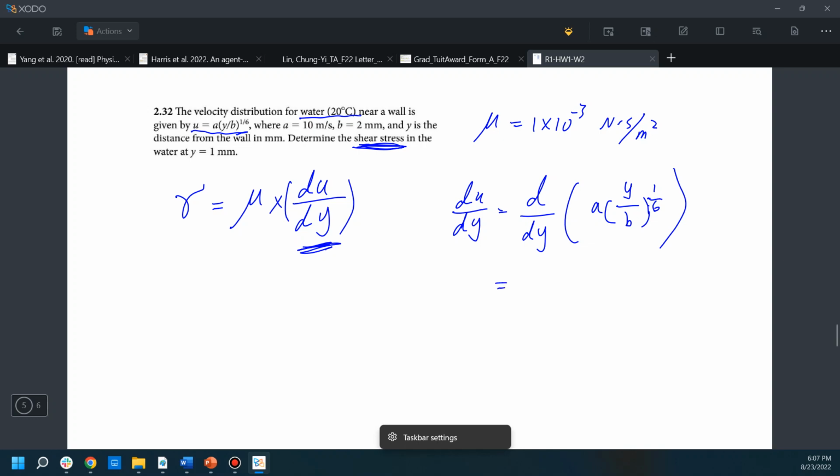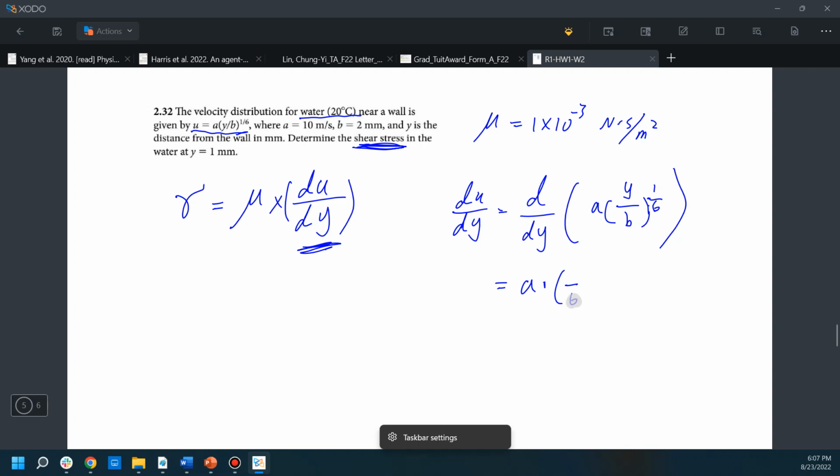And I hope you know how to do the differentiation. Here I will just write it down. A is a constant, so we move it out, and b is also a constant, so we can also move it out.